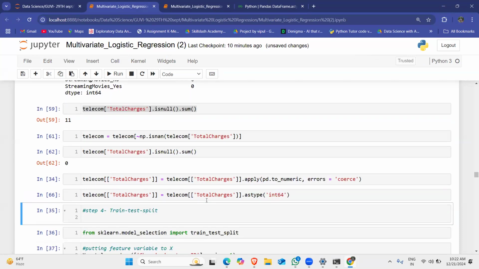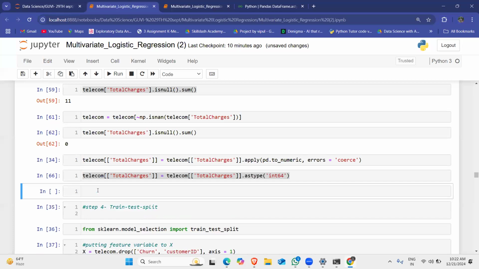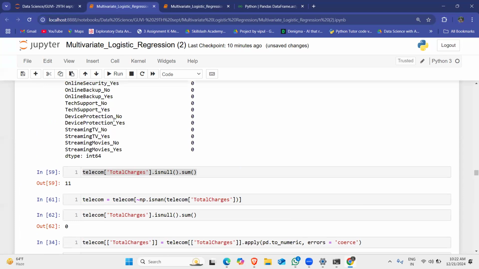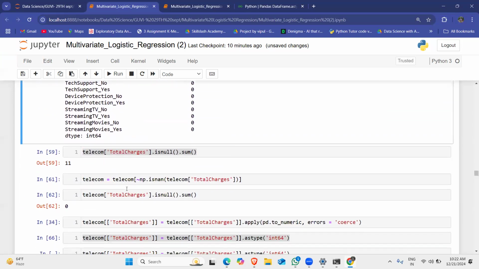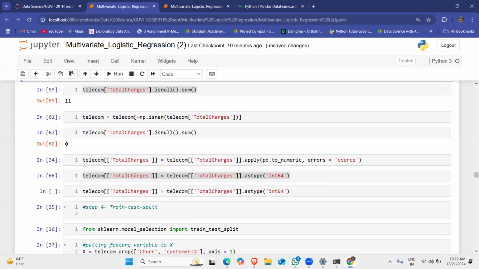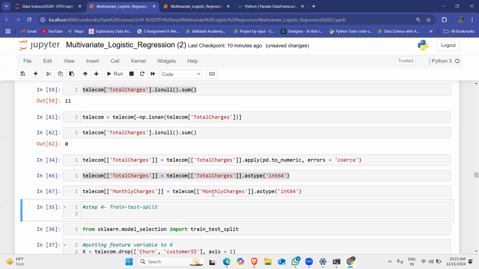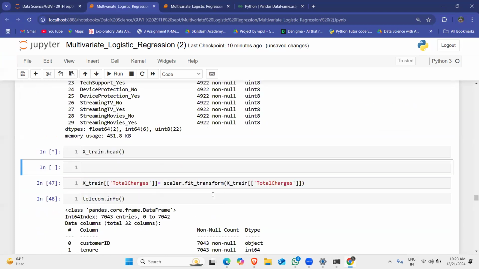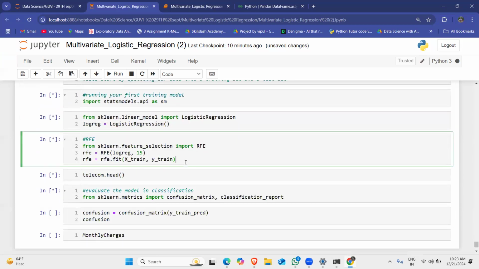If I just run this, it is done. And we will do the same for the other column, monthly charges. So the column name is this, monthly charges. I'll copy that, paste it over here. It's done now. Then I'll need to restart everything, and then we'll see if it is happening or not. Let's see.